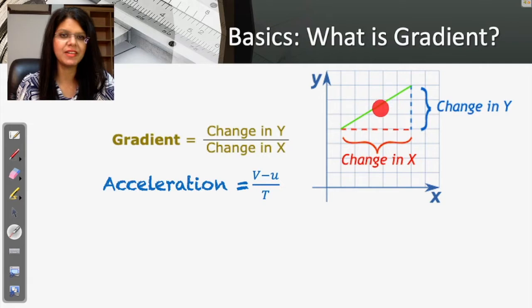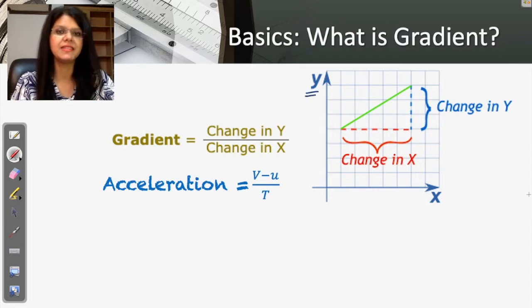For example, if you are given a line, you see a green line here. If you are dividing the change in y as the line rises from one point to another over the change in x, it gives you the gradient. But if this graph was a speed time graph, on the y-axis you have speed and on the x-axis you have time.